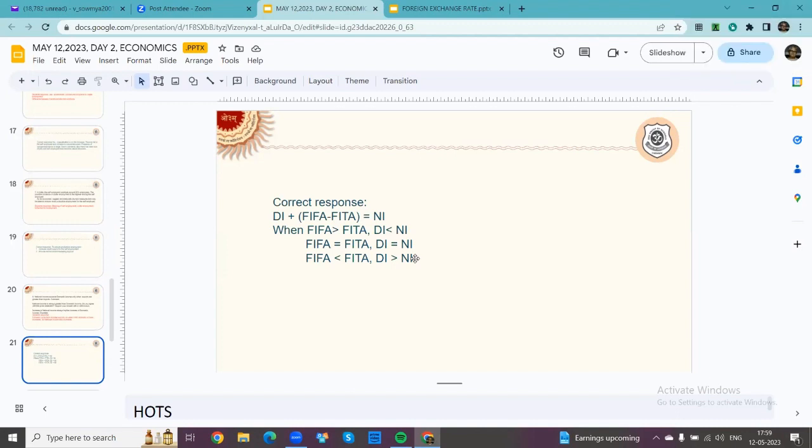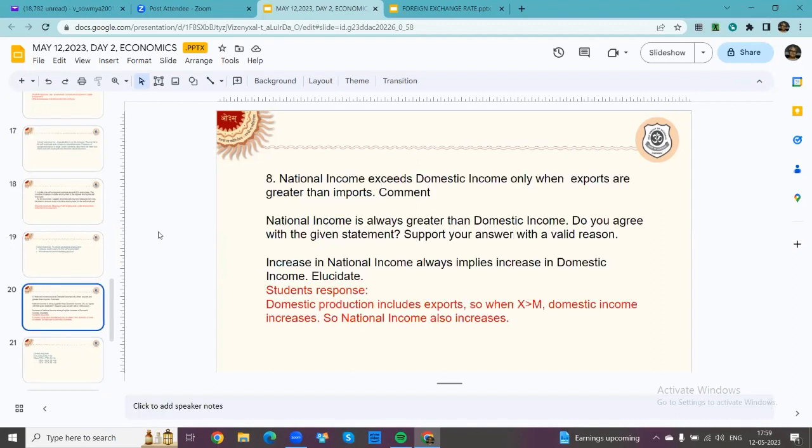Domestic income means NDPFC, national income means NNPFC. That is what they are going to arrive at anyway, NFI. That portion is okay. How will they bring in exports and imports? That's my query.